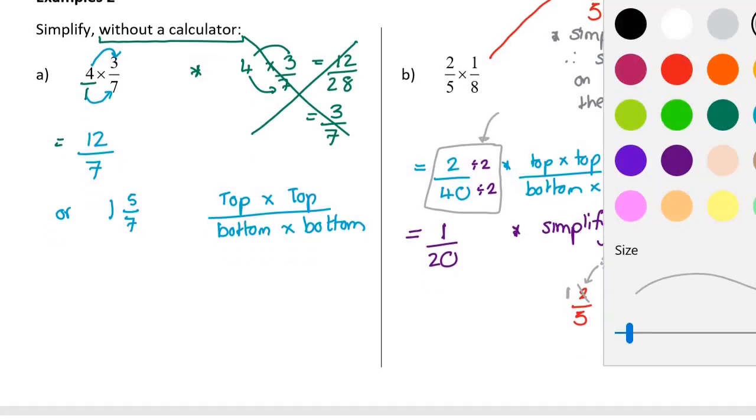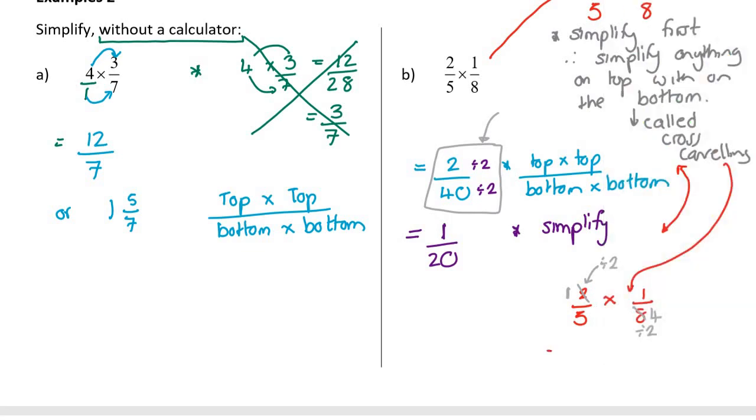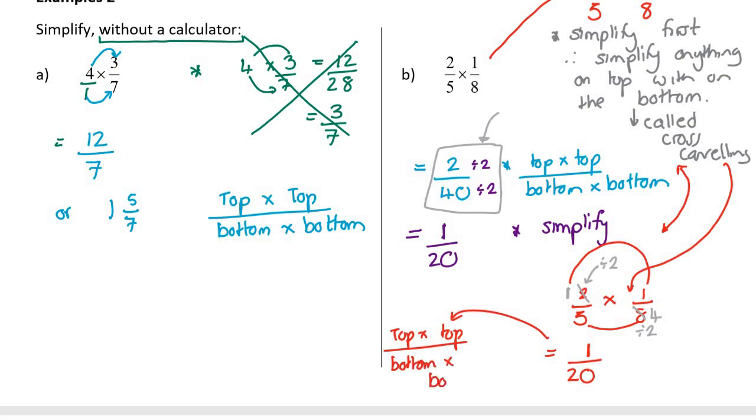Now the moment I've simplified, I'm now going to do top times top, bottom times bottom. So now I go 1 times 1, which is 1, 5 times 4, which is 20. So now this is top times top, bottom times bottom. So this idea of top times top and bottom times bottom, you need that regardless of whether you cross-cancel. Because ultimately, even if you cross-cancel, you have to multiply the fractions together.